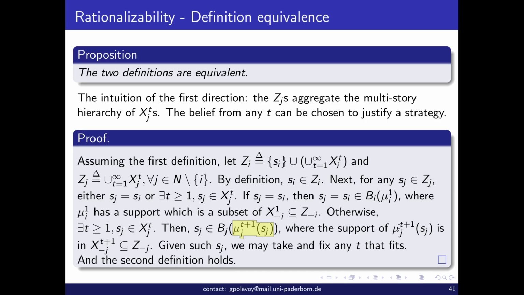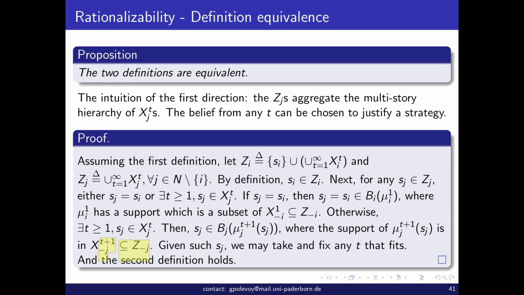And the support of this mu t plus 1 j of Sj is in X t plus 1 minus j, which is in Z minus j by definition. So we may take any t, given that Sj, we can just fix any t. Take that mu, that justifying distribution, it will be in Z minus j, so it will be fine. And thereby, we also managed to justify any Sj which is in Xtj.